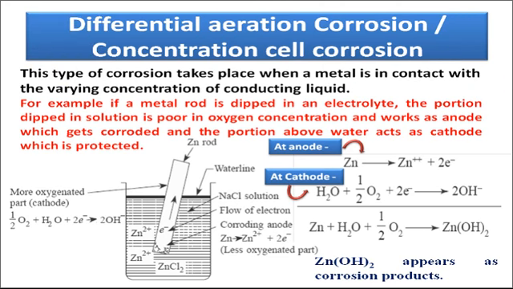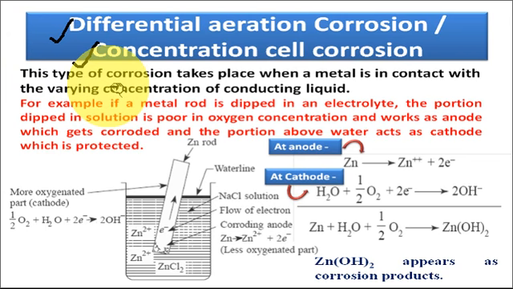So when a single metal is in contact with varying concentrations of an electrolyte solution, it is called concentration cell corrosion, while if the metal is in contact with different air concentrations, it is called differential aeration corrosion.